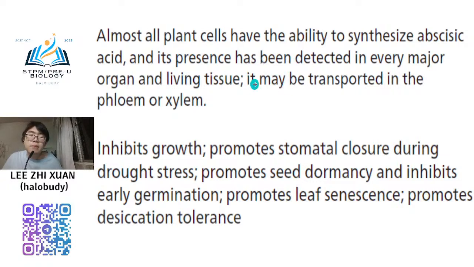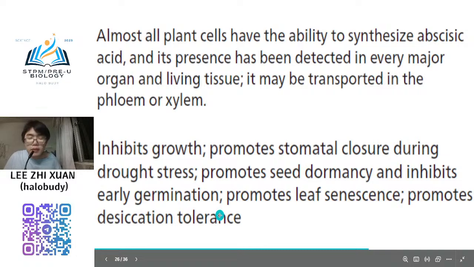The major function is to inhibit growth, so there are many functions to inhibit growth. Normally stomata close, seed dormancy and inhibited germination, and it promotes leaf senescence and desiccation tolerance. So we see them one by one.